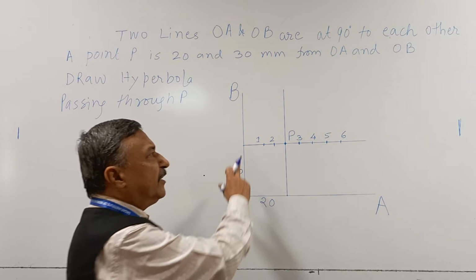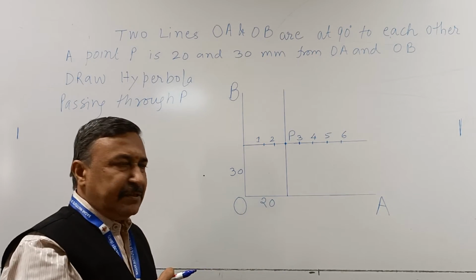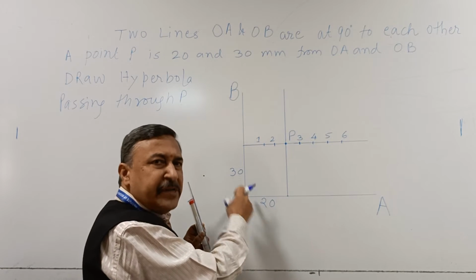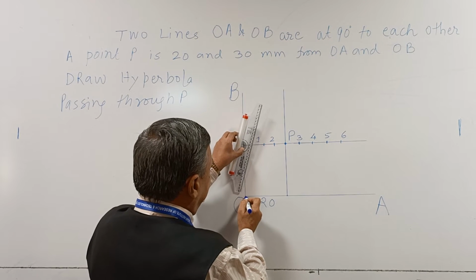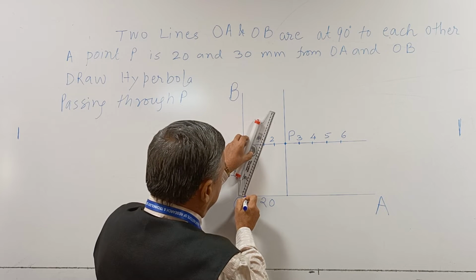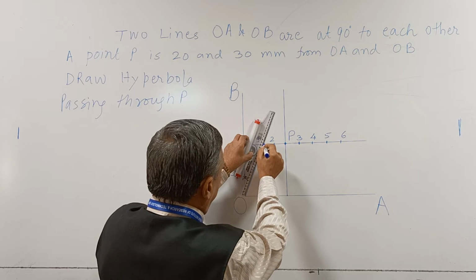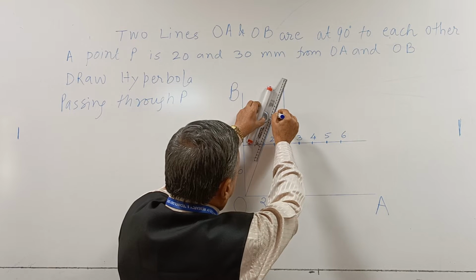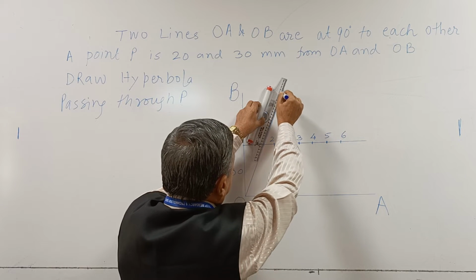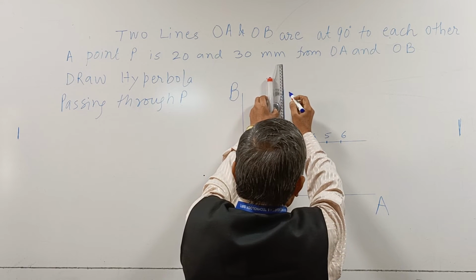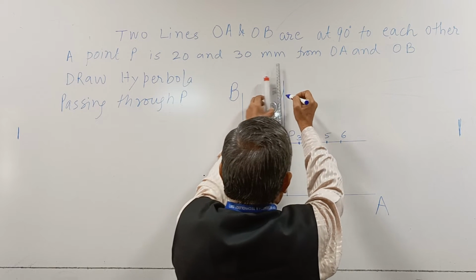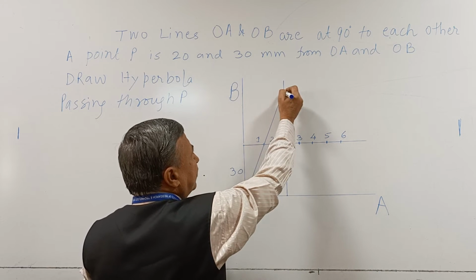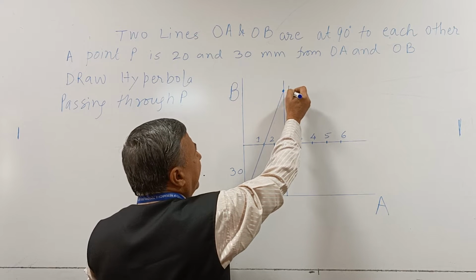Now you have to join these points to O. See here, join 1 to O and extend it till it intersects this line passing through P. So this is our point 1 dash.